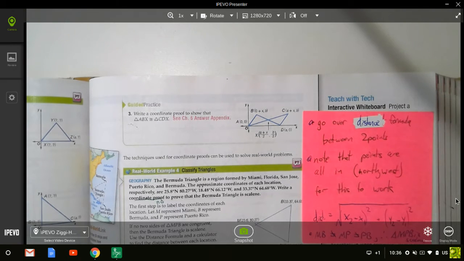Don't do this one. So what you're gonna do is plus 1.3 squared plus negative 1.2 squared. Square this and this, then add together, then take the square root.